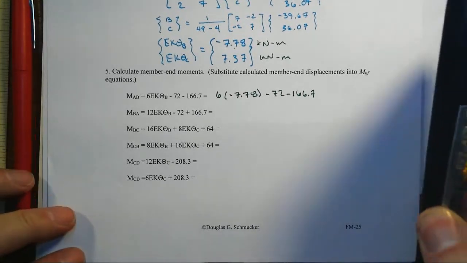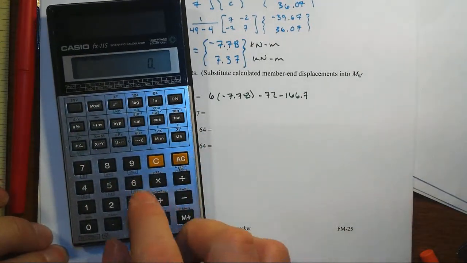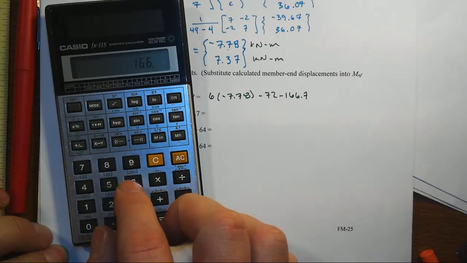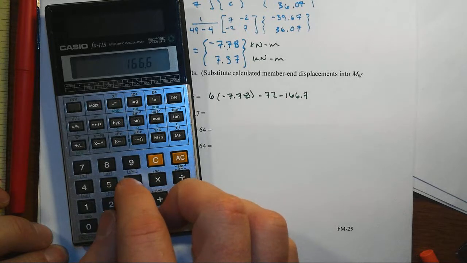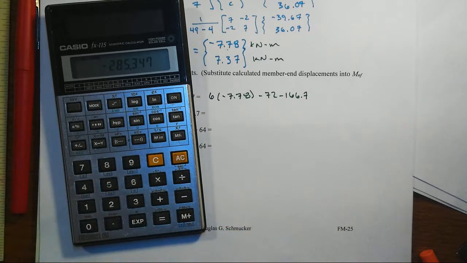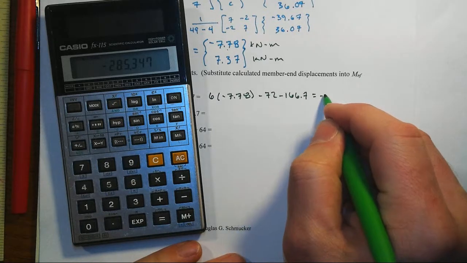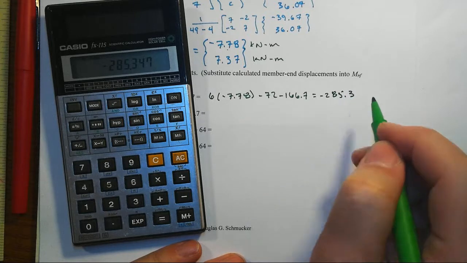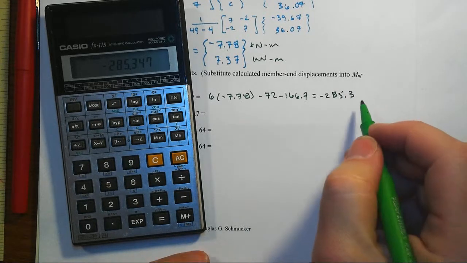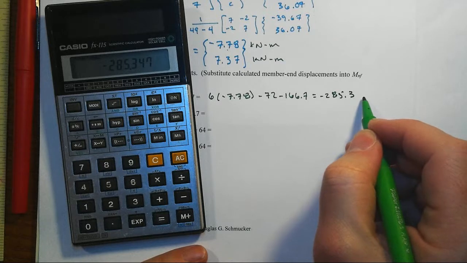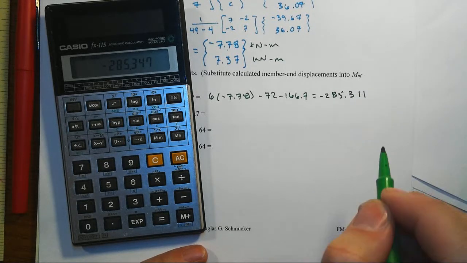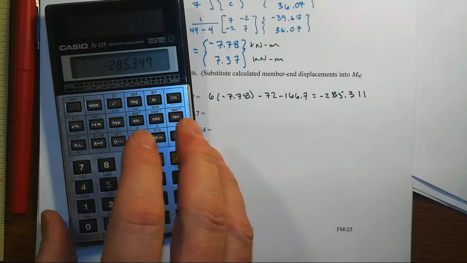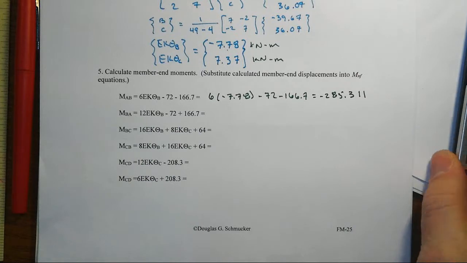If you plug that in, we get 6 times that, minus the 72, minus the 166.7 repeating, and we get minus 285.34. If you carry out more digits, you'll actually get 311 instead of the 347, and that's obviously quite close and certainly good enough.